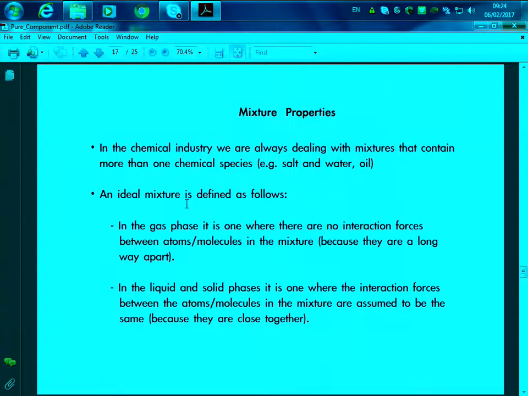In the opposite case, in liquids and solids, we assume that the atoms and molecules are so close that there are no differences in the interaction forces. So if you have a gas phase, there are no interaction forces because they are far away. If you have a liquid, they are so close together that there are no changes in the interaction forces, so they remain constant. It's more or less the same assumption, but one says they're far away and the other says they are together, right?